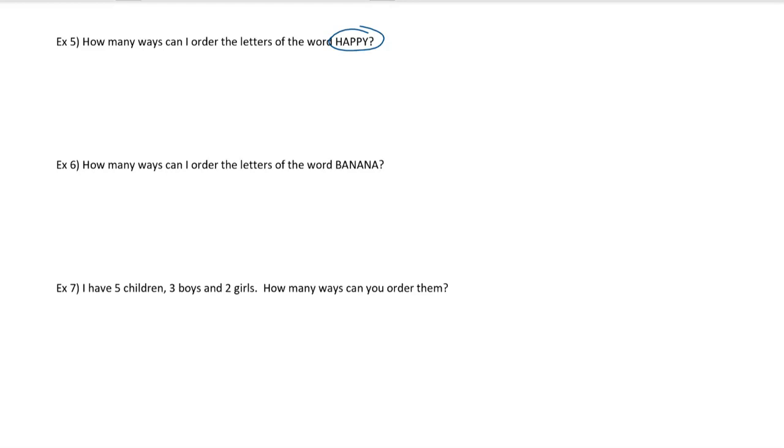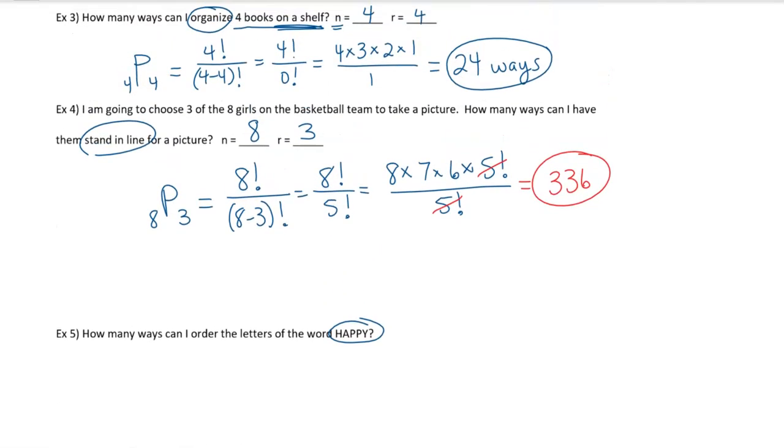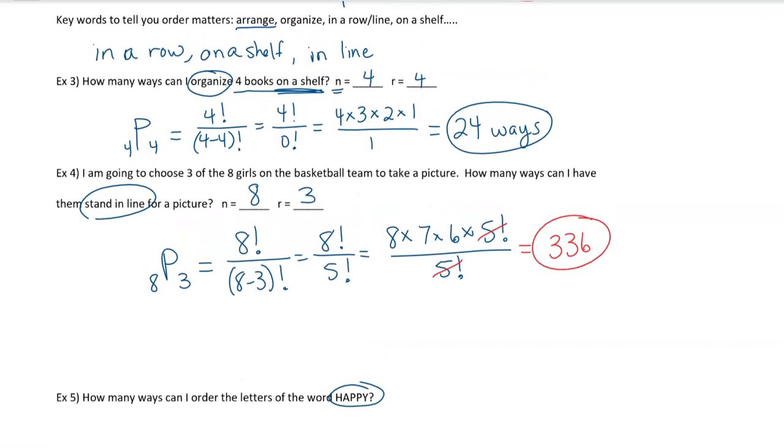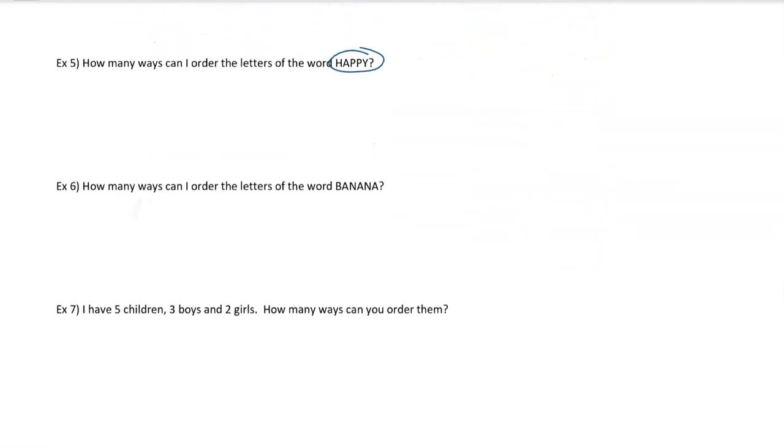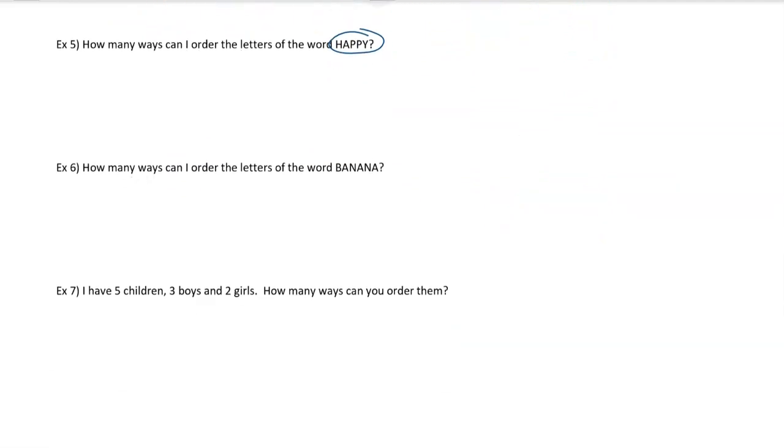Hopefully you noticed on the last one, when we organize 4 books on a shelf, anytime you're organizing all of the items, your result is going to be that number factorial, because you'll end up with a 0 factorial in the denominator. So for a problem like this, it would be 5P5, which would end up being 5 factorial.